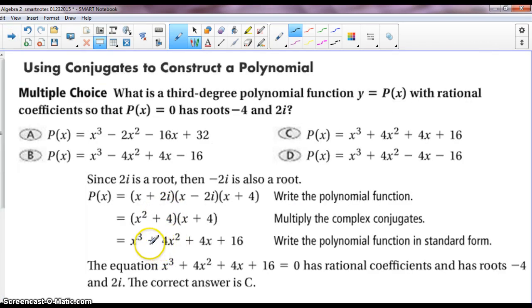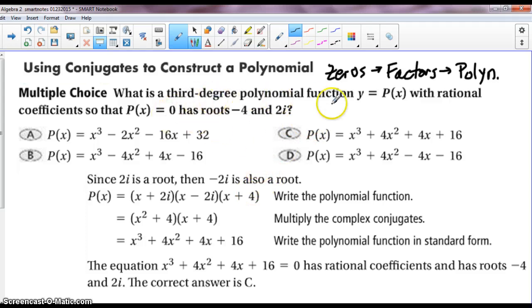Let's take a look at a multiple choice question here using conjugates to construct a polynomial. In other words, we're probably going to be going from zeros to factors to polynomials. You don't have to write this question down, but we do have to solve this.